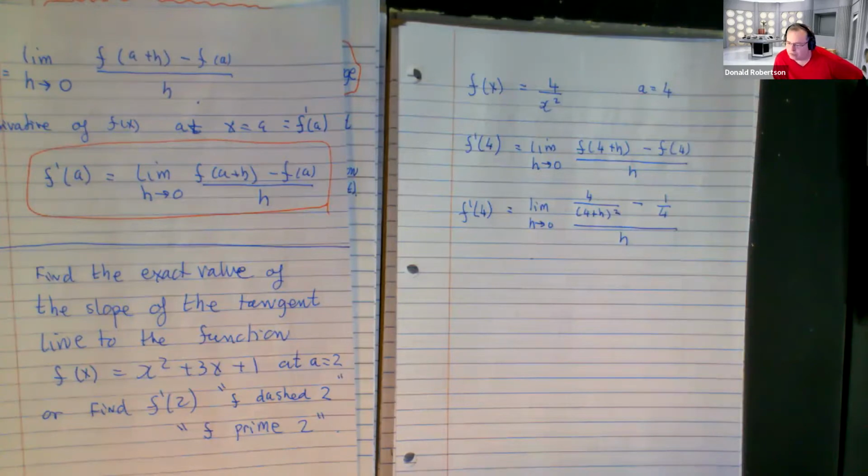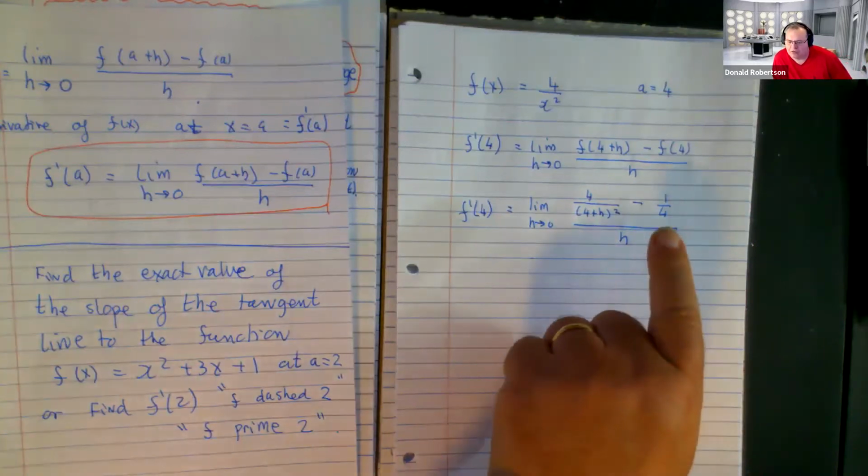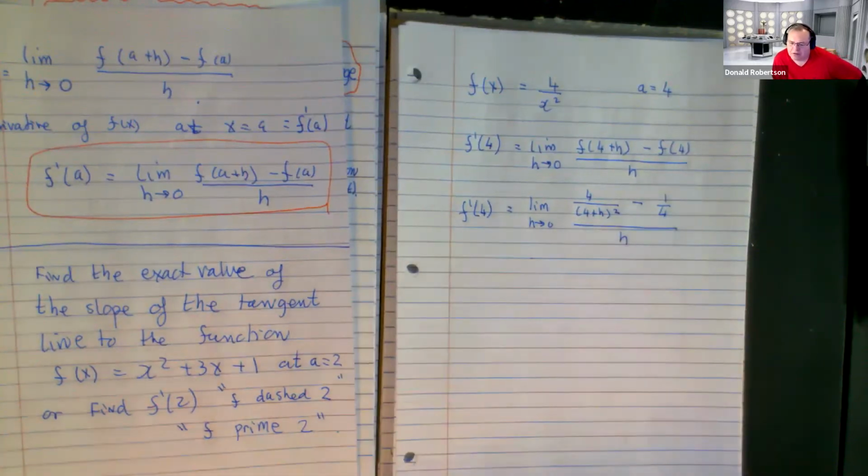It worked really well when it was square roots. But the math that you get when it's a fraction is just scarily ugly. Now, could I do that? Yes, I could. I could fight my way through that and eventually get the answer, but I don't want to.